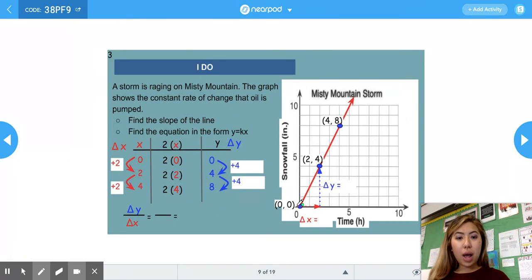And so I'm going to find my change in y. If this is 0, this is 5, and there's 5 boxes in between, I know that each box represents 1. So from here to here would be a change of 4, and we're going up, so it's positive 4.